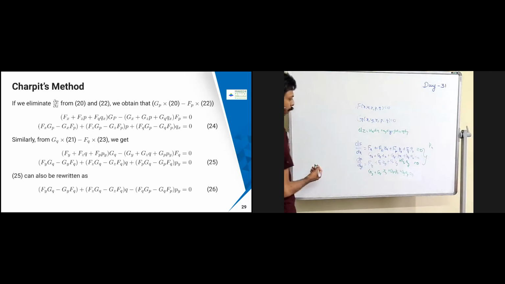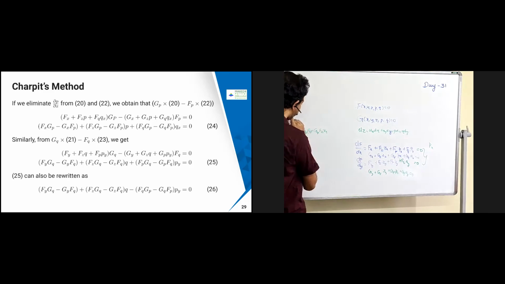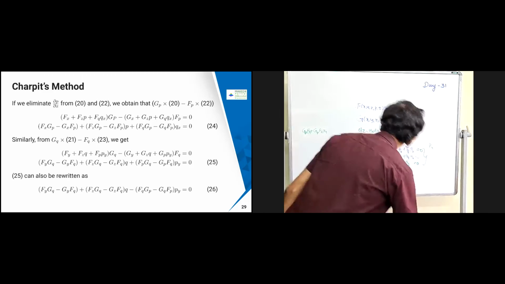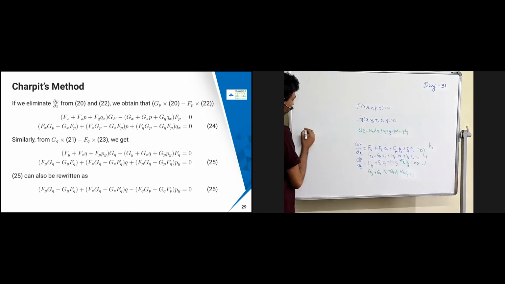So the first one, if I multiply by gp, I'm going to get gp into fx, plus gp into fz into zx. I'll simplify at the same time. So fx into gp is going to come. Here I'm just going to subtract, multiplying by fp, so gx into fp is going to come.